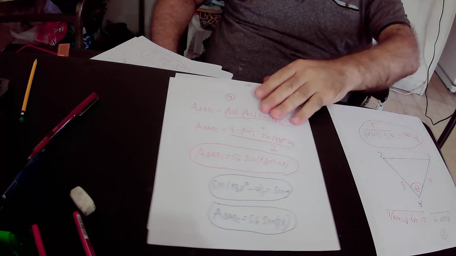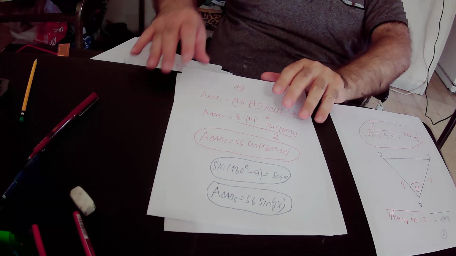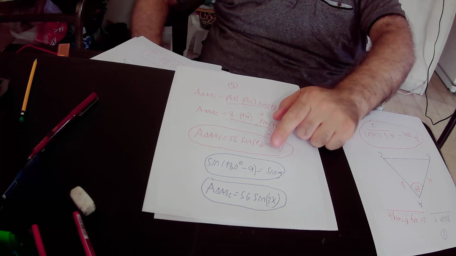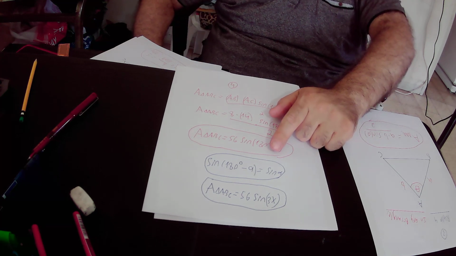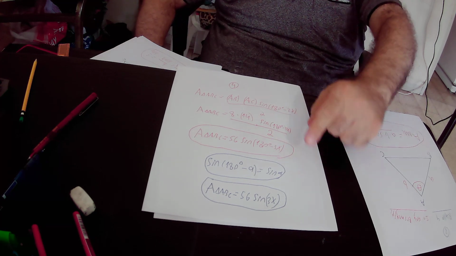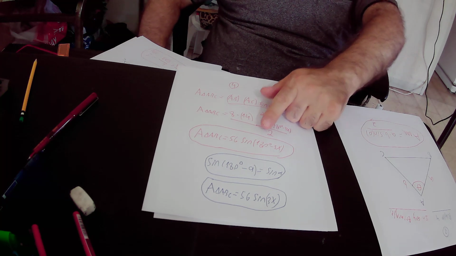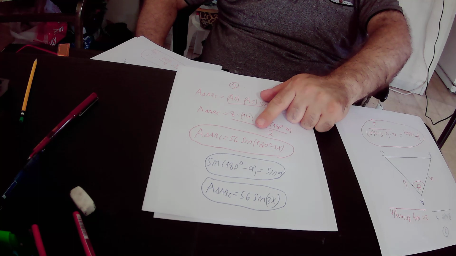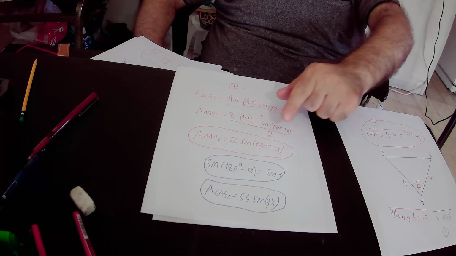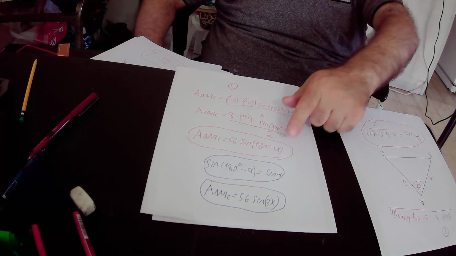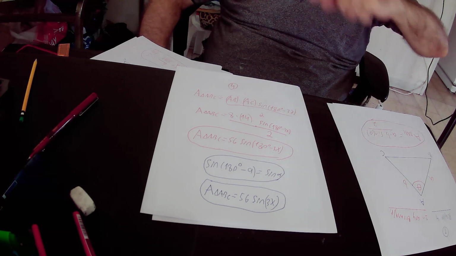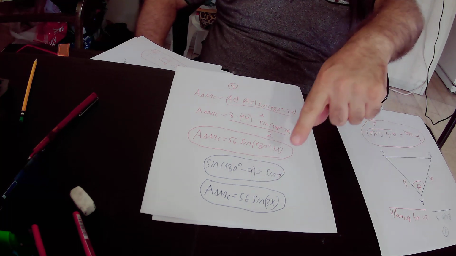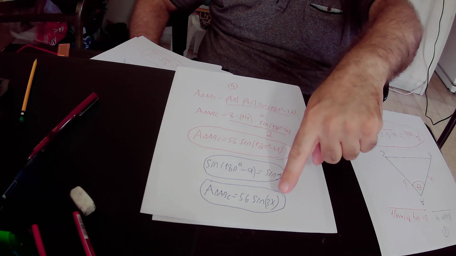And we have the first trigonometric identity that states that sine of 180 degrees minus alpha equals sine alpha. So the sine of 180 degrees minus 3x equals sine 3x. In total, the area of triangle ABC equals 56 times sine 3x.